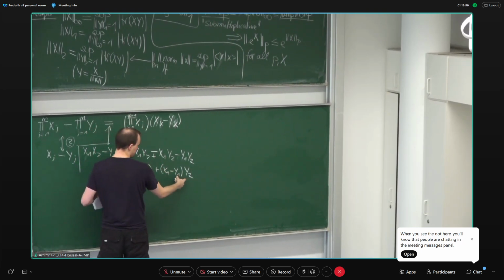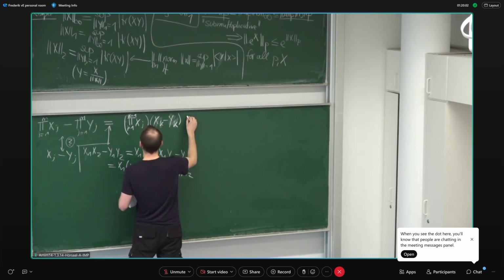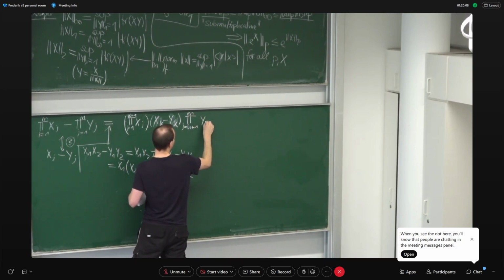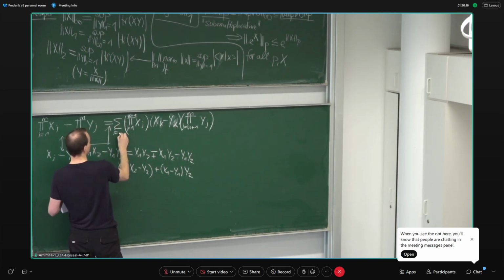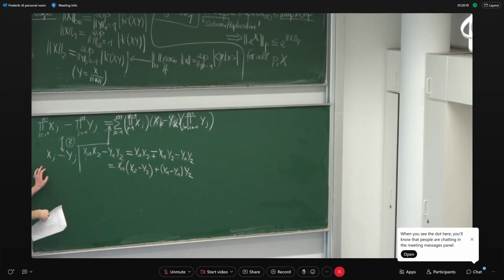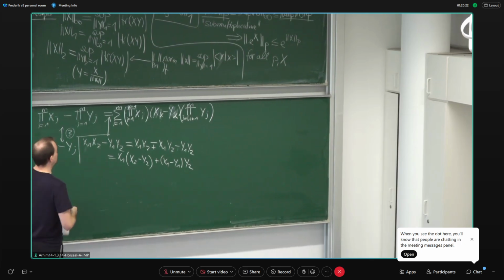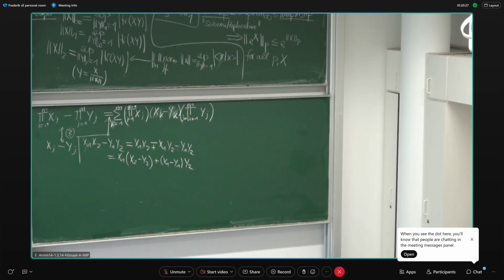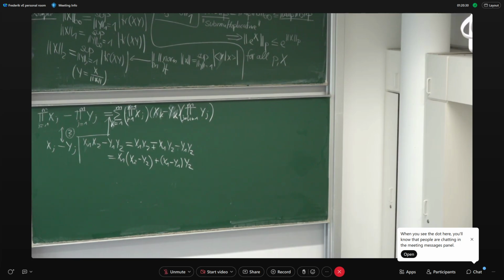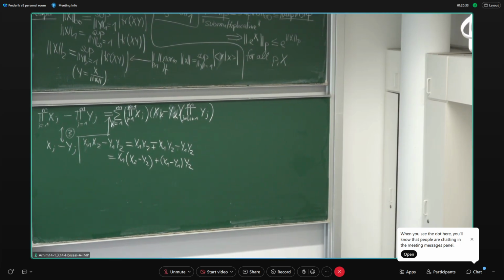And on the right-hand side are the y matrices with bigger index, k plus 1. And in the end, we will take the sum over all k. Two indices at the same time, terrible. And hopefully you all agree that this is probably true.